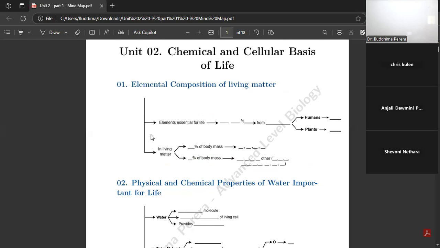Humans need 25 elements and plants need 17 elements, right? In living matter, 96% of body mass is oxygen, carbon, hydrogen, and nitrogen, right? The other 4% of body mass is calcium, phosphorus, potassium, sulfur, and other elements, right?